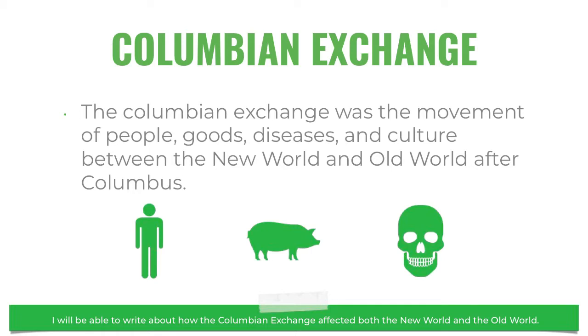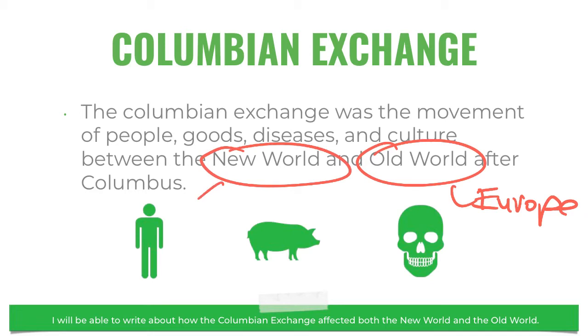When we talk about the Old World, we're talking about Europe and Asia and Africa. When we talk about the New World, we're talking about the Americas. Those terms are really from Europeans' perspective, right? The Old World to them is Europe and Asia and Africa, as you saw in the map assignment, and the New World, the Americas, is new to them.